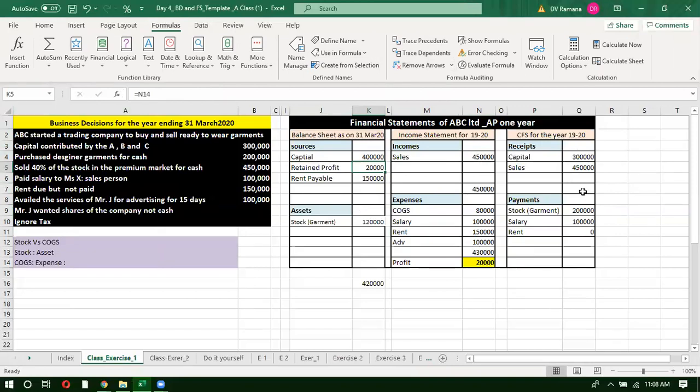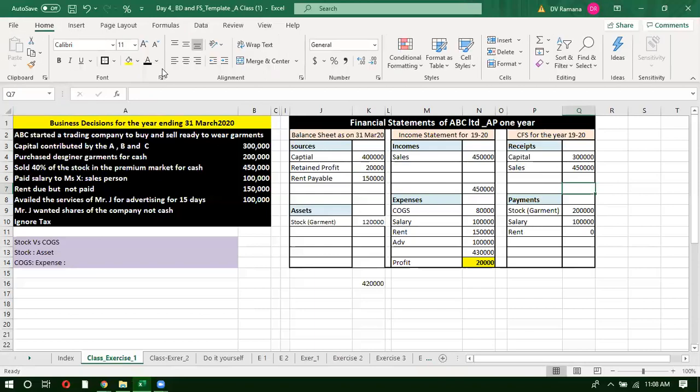Now let us complete the cash flow statement by deriving cash in hand. So cash in hand is equal to cash available, which is 750, minus the cash payment, which is 300,000. So cash available in hand is 450,000, which is an asset.